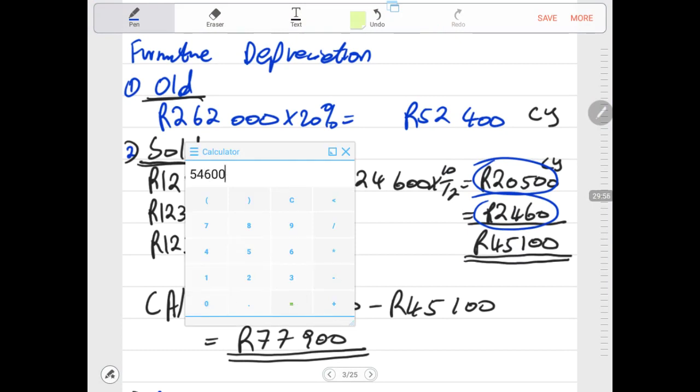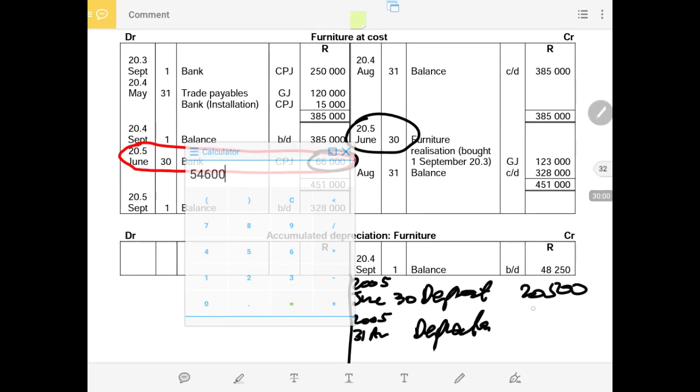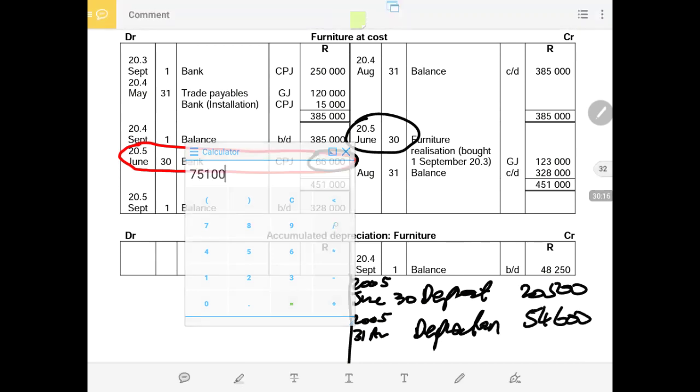Then this will be 54,600 rands. Remember, at the end of the day, our total depreciation still remains the same at 75,100. That is the main focus. But these depreciations are just recorded at different times. So please be mindful of that.